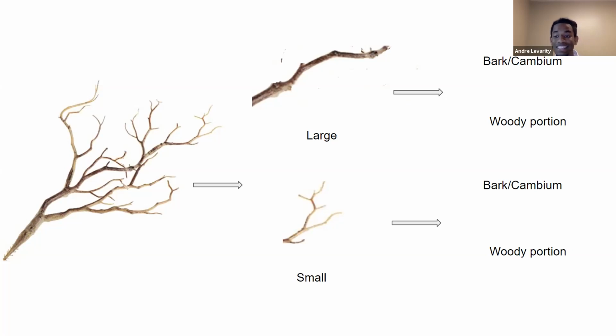And with each of these samples, I had separated the bark and the cambium. The cambium is that little section in between the bark and the woody portion. And then once I had done this, I extracted the bark and cambium to find my willow extract.